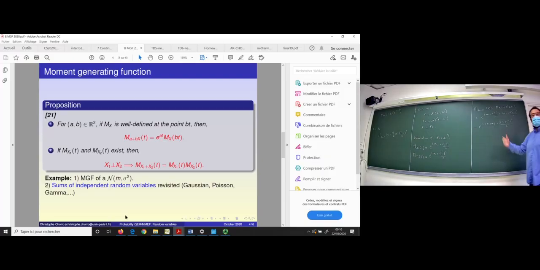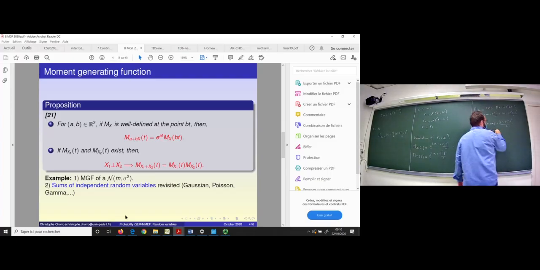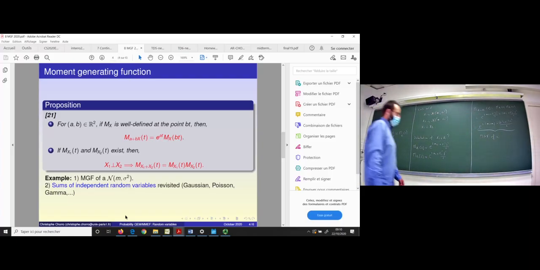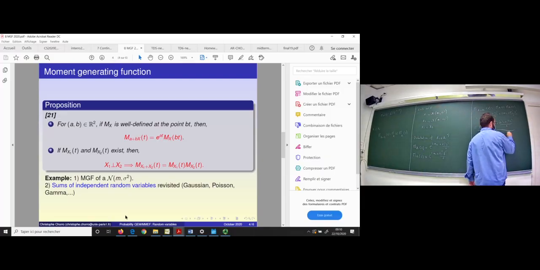What is this? Well, it's the moment generating function of a what? It's a Gaussian. M1 plus M2, sigma 1 square plus sigma 2 square.